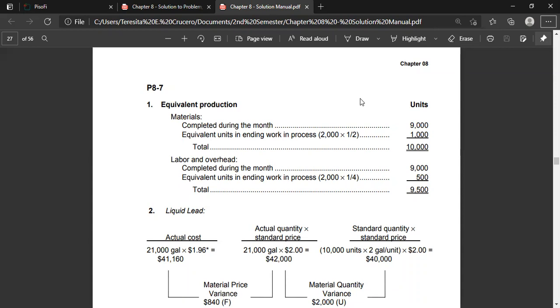472, and the standards for materials. We have 2 gallons of liquid lead at $2, so the standard cost per unit is $4. Then we have 2 gallons of varnish at $3, so it's $6 per unit.